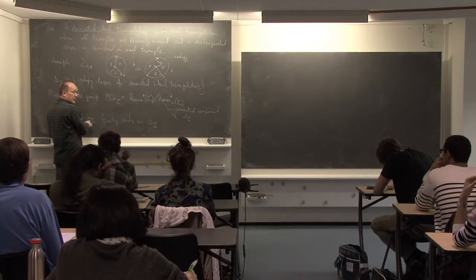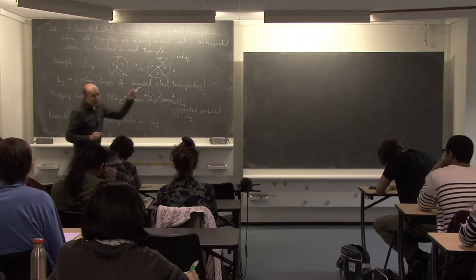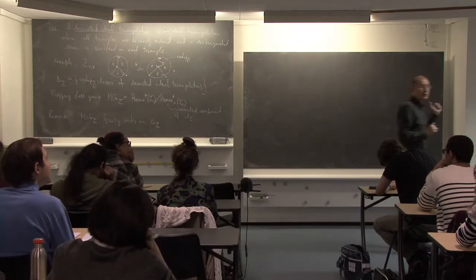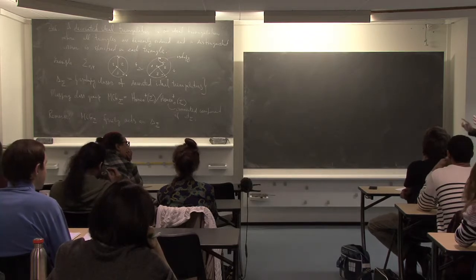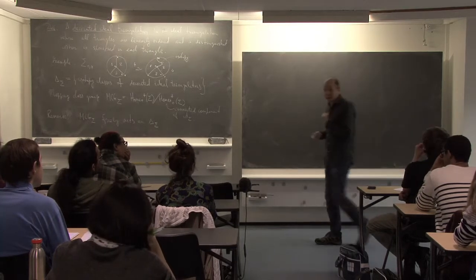And our interest will be in this connected groupoid, namely in the case of the mapping class group freely acting on delta sigma. But to define this groupoid, we don't need too many details about the group and the set where it acts. So we define it in the general context of any group freely acting on any set.